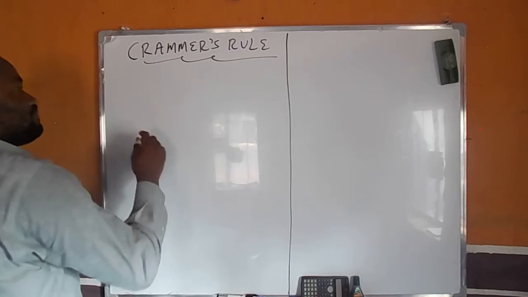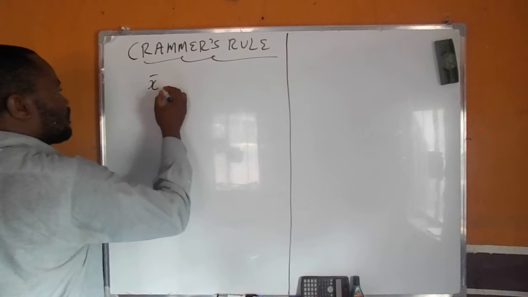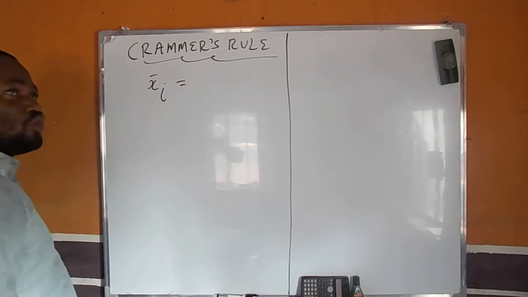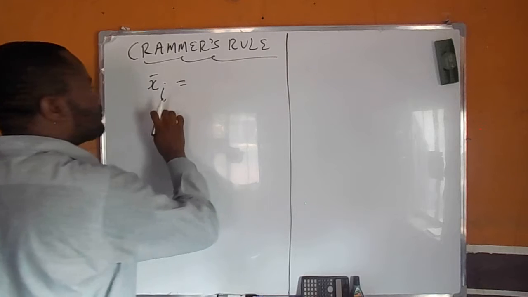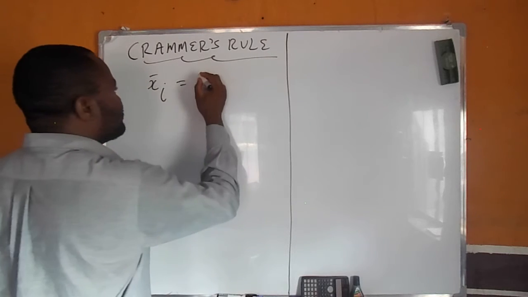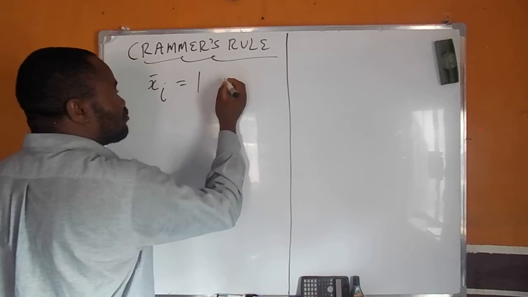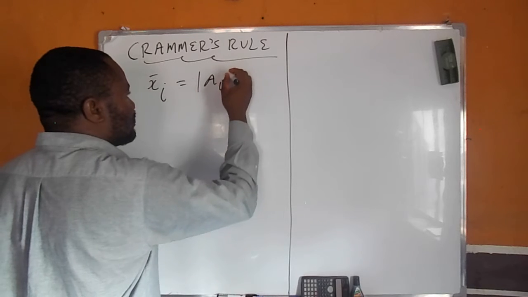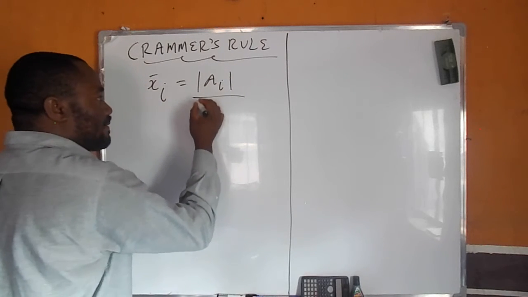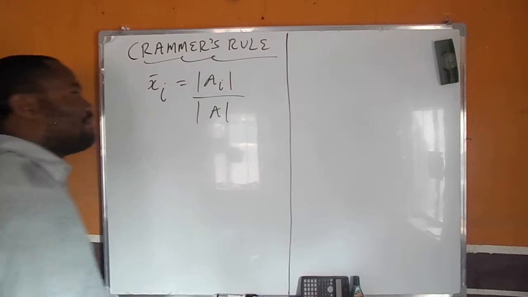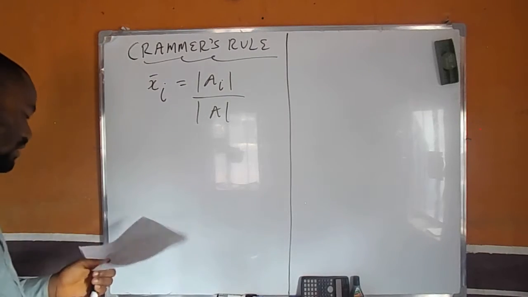The formula states: unknown variable equals special matrix divided by determinant of coefficient matrix.